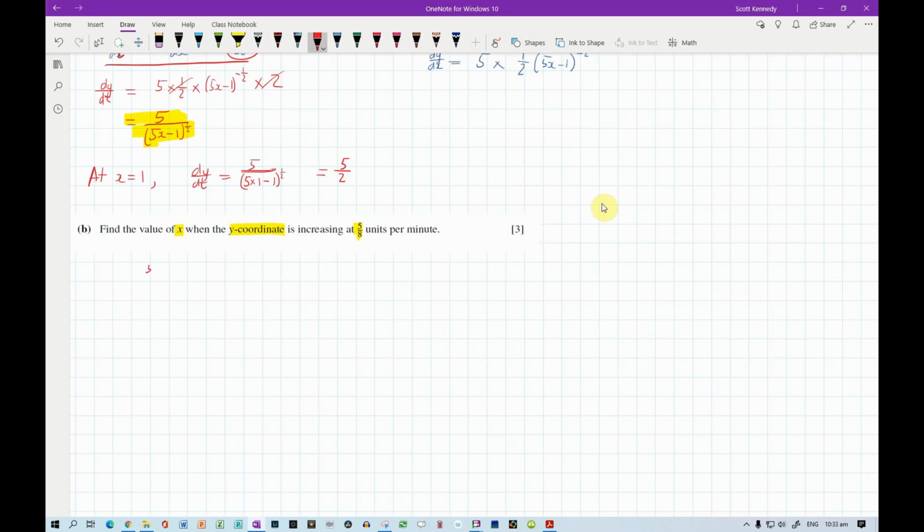So we're going to have 5 over (5x - 1) to the power of 1/2 equals 5/8. And I hope you can see from this that we can therefore say that (5x - 1) to the power of 1/2 is equal to 8. And therefore we could say 5x - 1 is equal to 64.